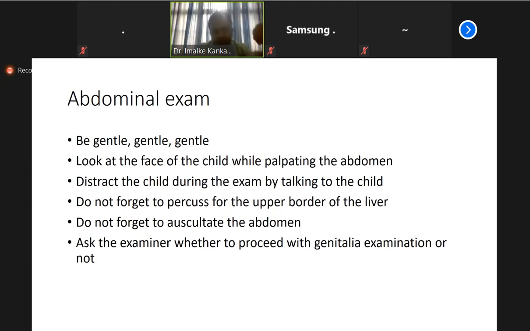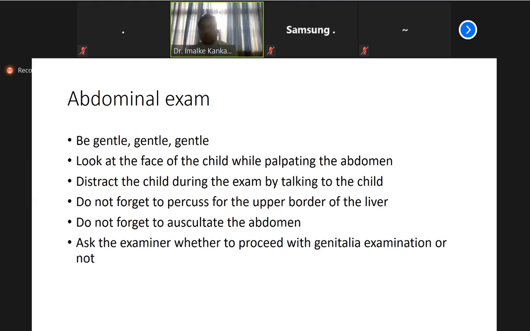So likewise, get the child involved, right? You are not going to ask the diagnosis from the child, but you can have a chat with the child, right? And do not forget to percuss the upper border of the liver.